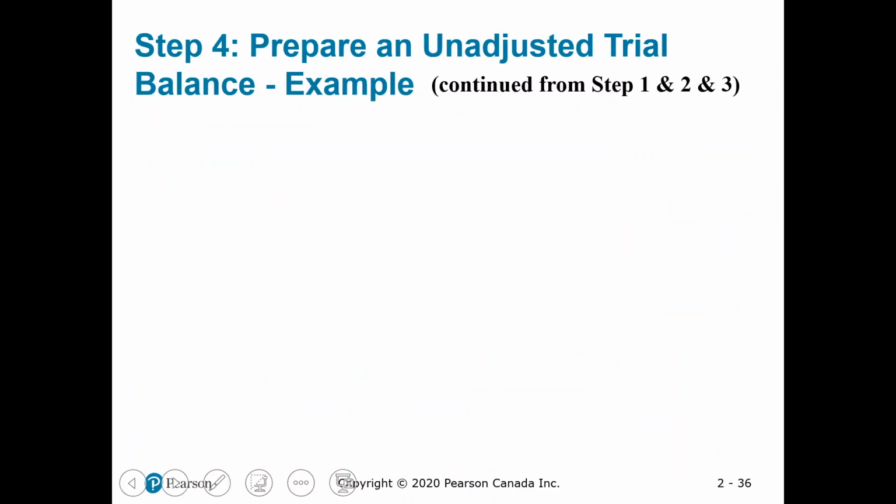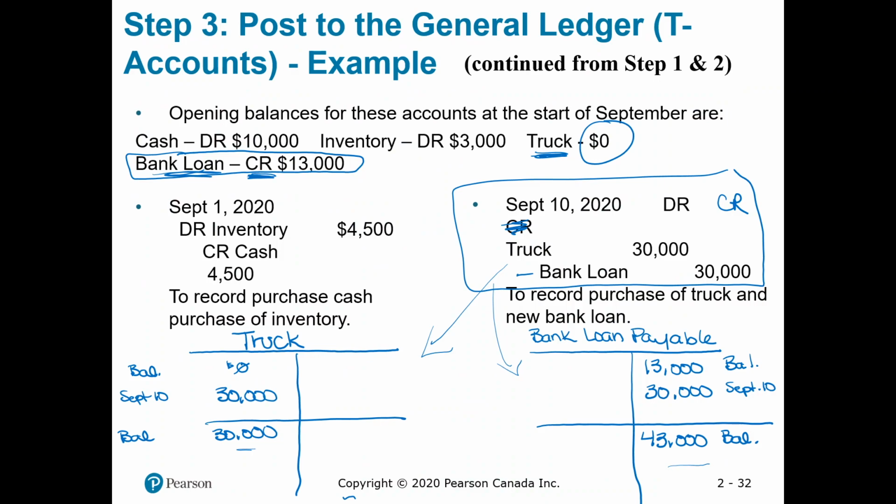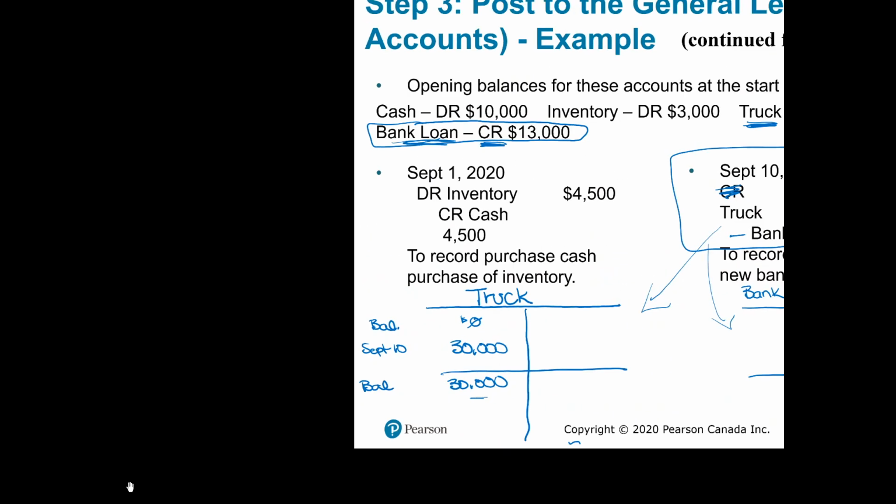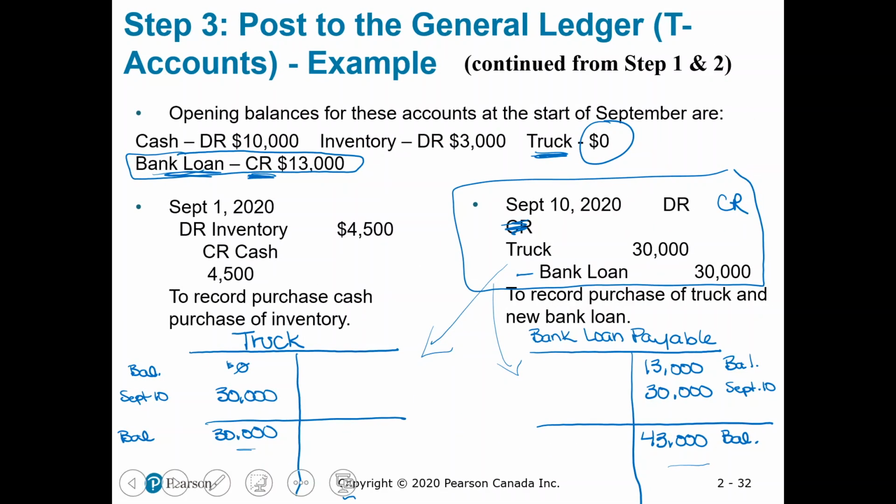Okay, so let's look at our example into step 4. So we want to go through the T accounts that we created in step 3, and we're going to list those here. So I'll quickly flip back. So here we've got the truck account, and our ending balance is 30,000 as a debit.